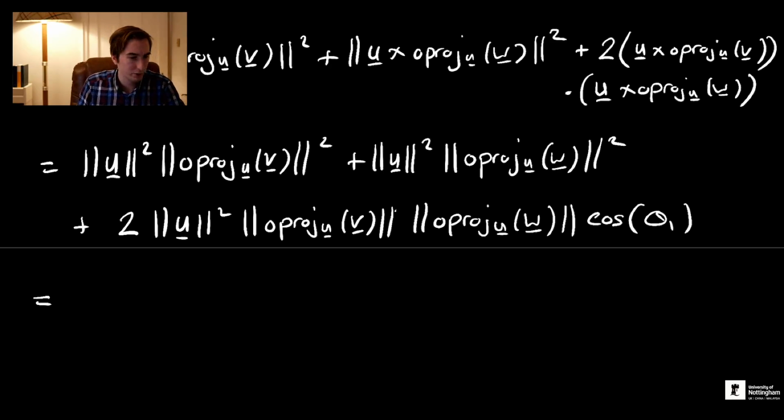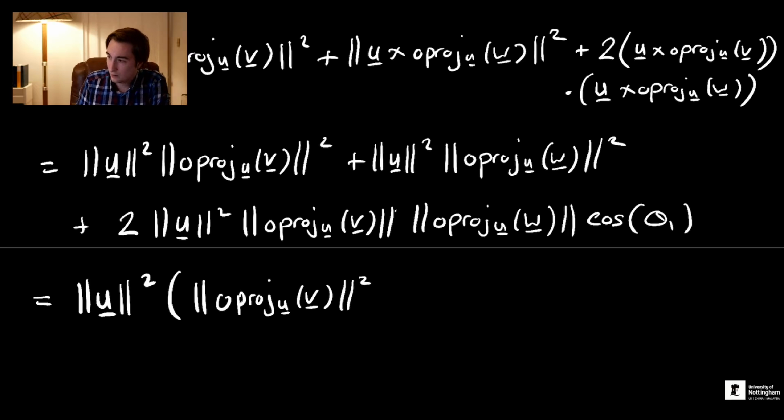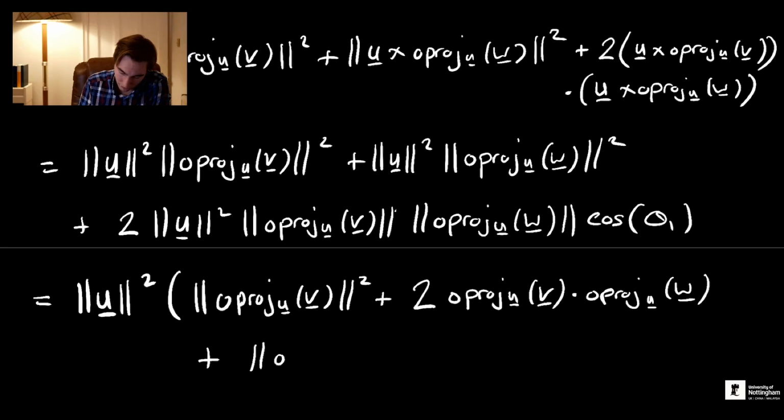From this, it follows then that, factoring out the norm of u, that's the norm of u squared all times the norm of the orthogonal projection of v onto u all squared plus, we can factor out 2 times, this is now the orthogonal projection of v onto u dotted with the orthogonal projection of w onto u, plus the norm of the orthogonal projection of w onto u all squared.